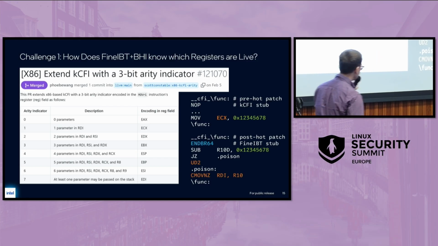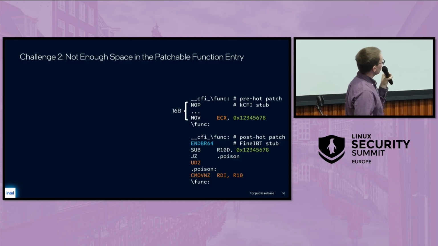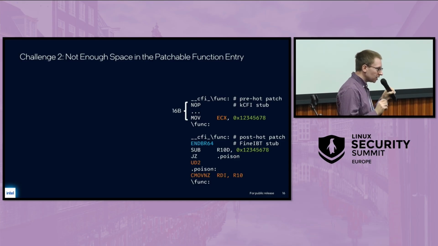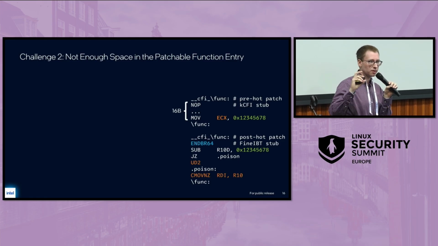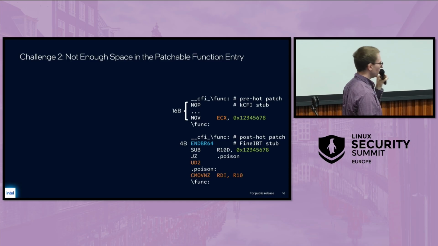That wasn't the only challenge. The second challenge: is there actually enough space in that 16-byte prefix before each function to stick in these CMOVs to poison the registers? So let's try this. I'm going to count up the number of bytes, and maybe some of you can help me.